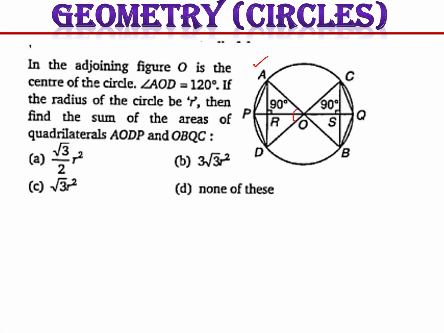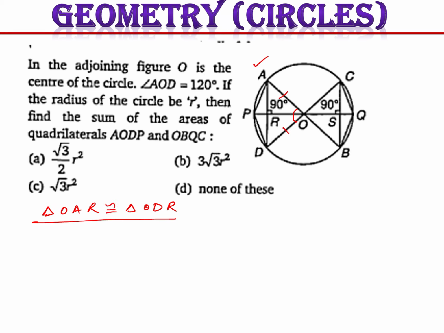And I can see that triangle OAR and triangle ODR, let's first see these two triangles. In these two triangles, OA is equal to OD, OR is common, and you have a pair of right angles.